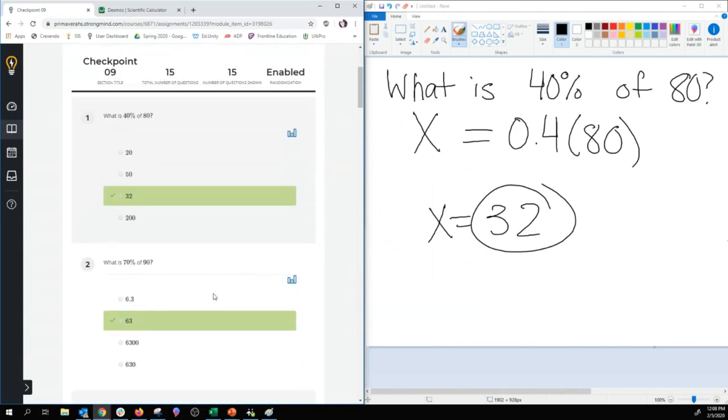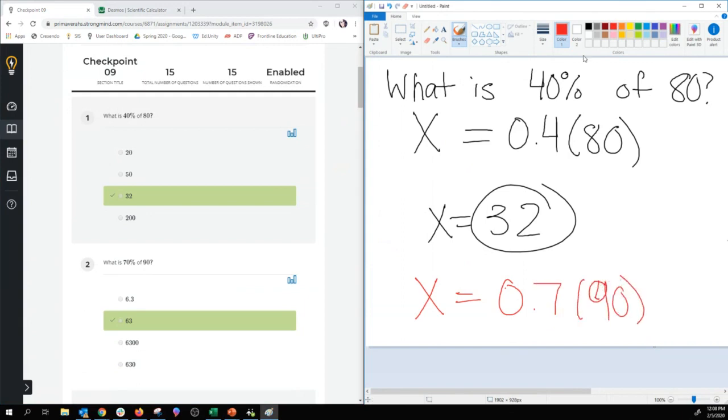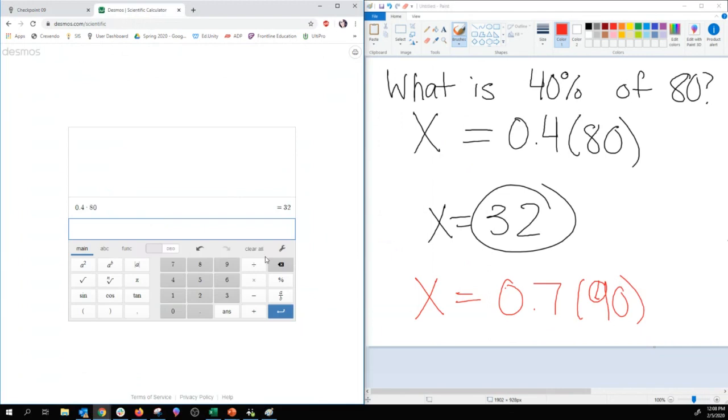The next question is similar, but with different numbers. What is 70% of 90? We're going to do the same thing. So x is equal to 70% as a decimal, 0.7, times 90, which gives me 63.